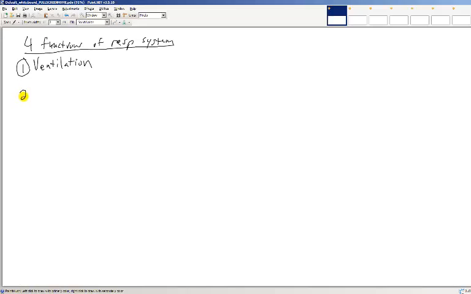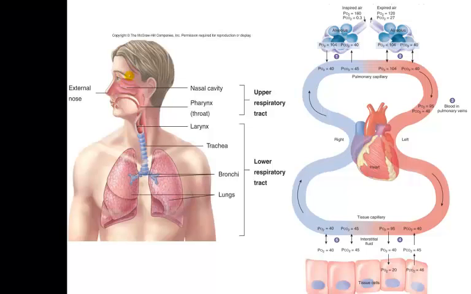And then the next thing that happens in the respiratory system is what's called external respiration. So external respiration refers to the actual movement of gases, as you can see up here, between air in the lungs and the blood.